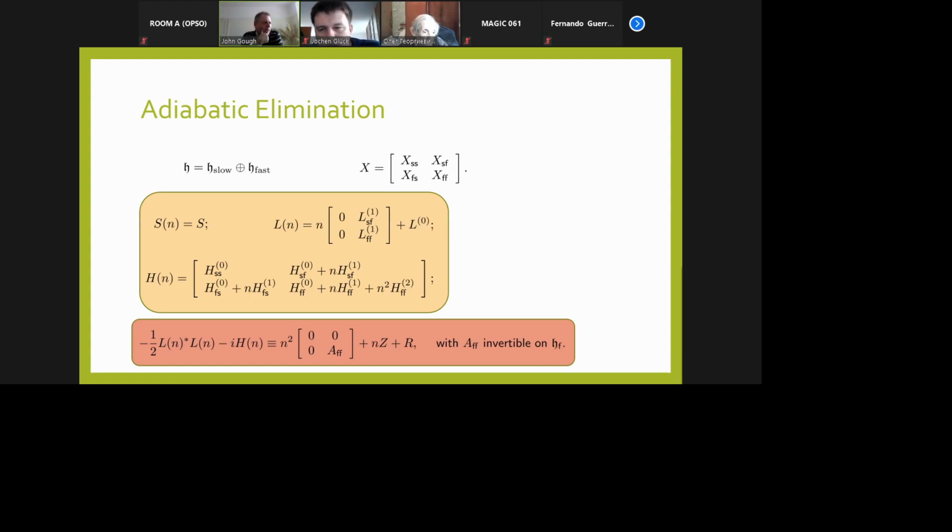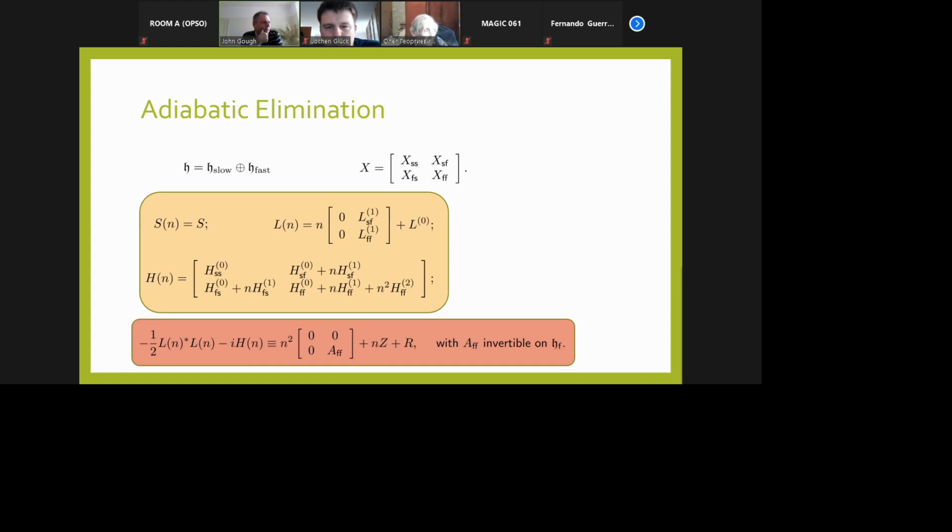Effectively, you take your Hilbert space for your system, and what you want to do is to decompose it into a slow subspace and a fast subspace. So it's a direct sum like this. The whole idea is that the fast subspace is going to be the subspace that's eliminated here.